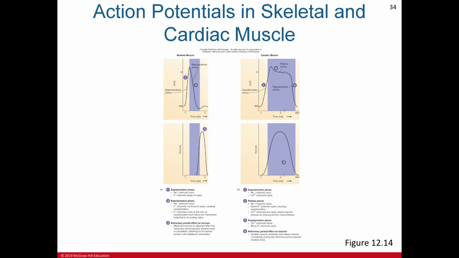As you can see, the skeletal muscle has no calcium channel being opened, unlike the cardiac muscle. The addition of the calcium channel being opened causes a huge difference in the inside and outside charges of the cell. This causes the slow repolarization of the cardiac muscle.